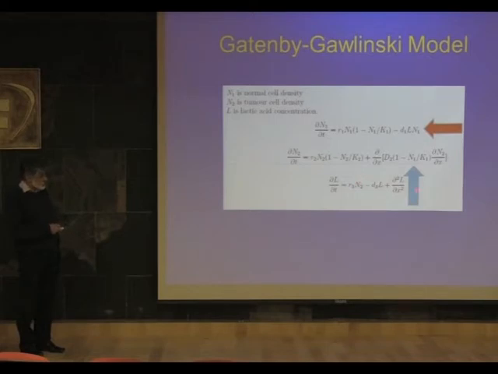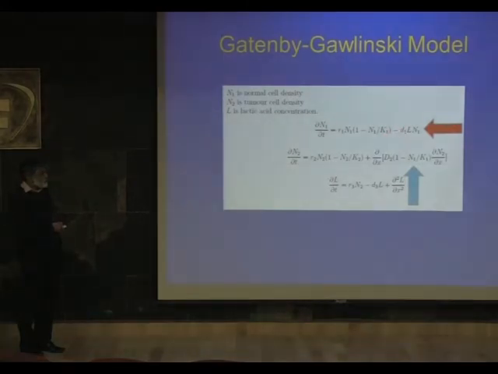The lactic acid diffuses. This is in 1 dimension, but obviously you can extend it to n dimensions. And the lactic acid in their model kills the normal cells, and that creates a space for the tumor cells to move. And normal cells don't move, that's their property, they don't move.